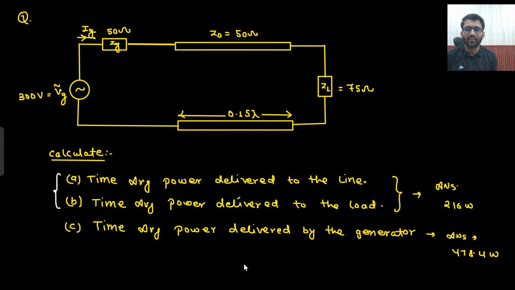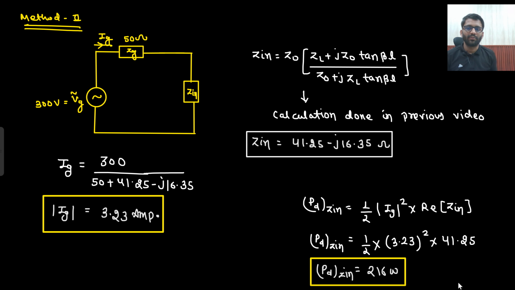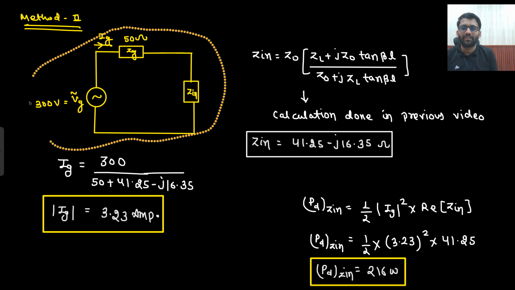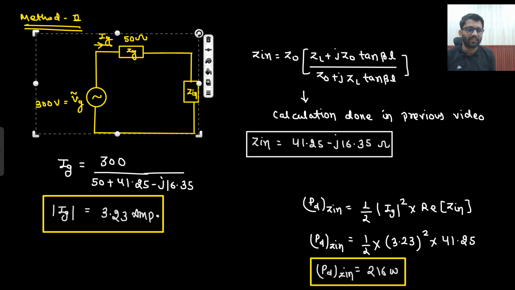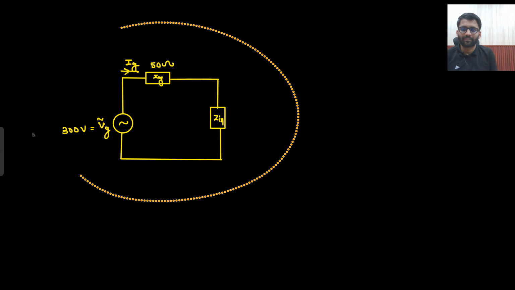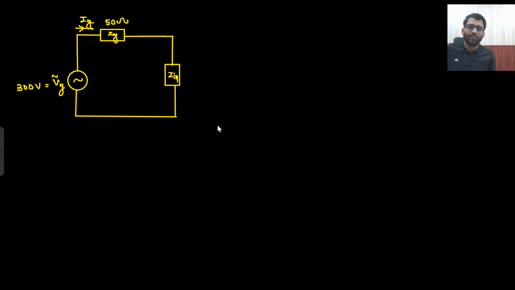Now what are they asking? Time average power delivered by the generator. So what do I need to find? Time average power delivered by the generator. That means power dissipated in Zg and power dissipated in Zin. Right? So power delivered by the generator is equal to power dissipated in Zg.